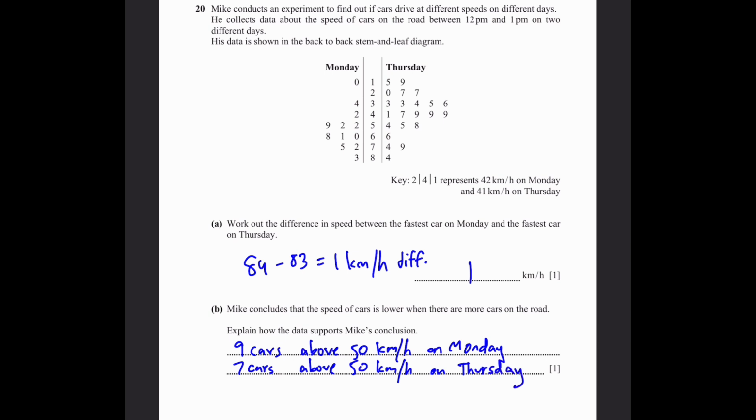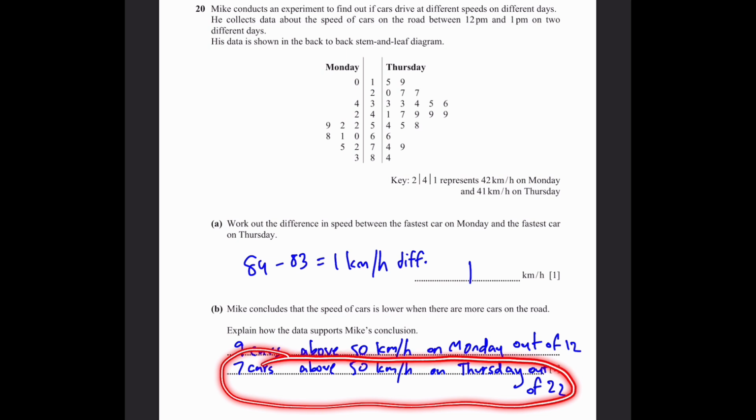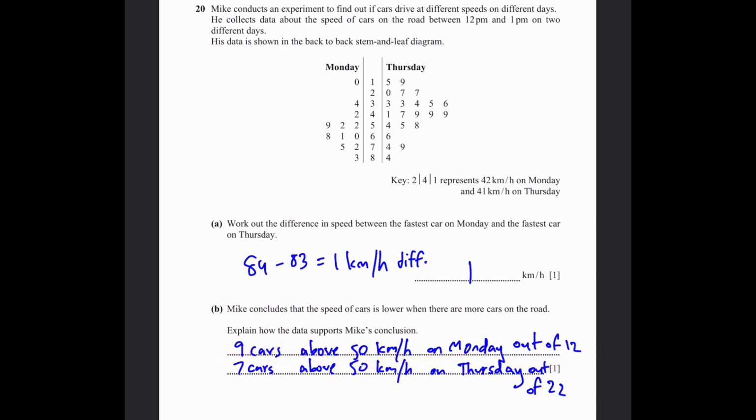And number of cars on Thursday is 22. And number of cars on Monday, as we saw, is 12. And this is a higher proportion than this.